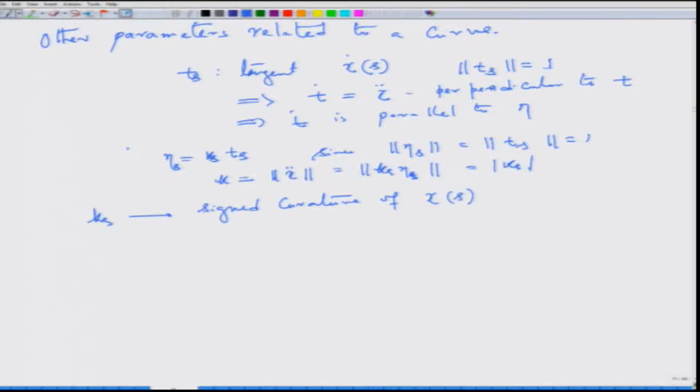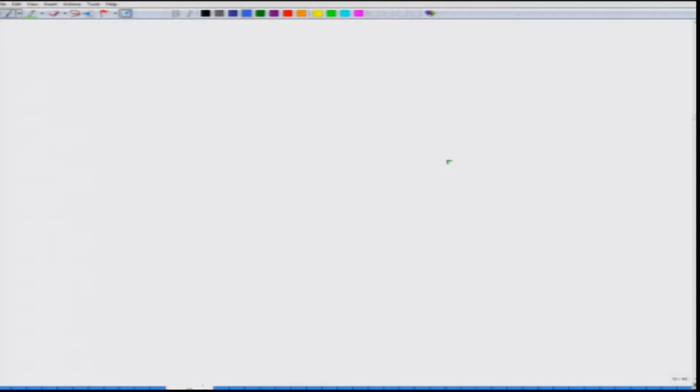Okay. The absolute value of this signed curvature is the curvature, but this one has a nice geometric interpretation. And we will do it on the next page.